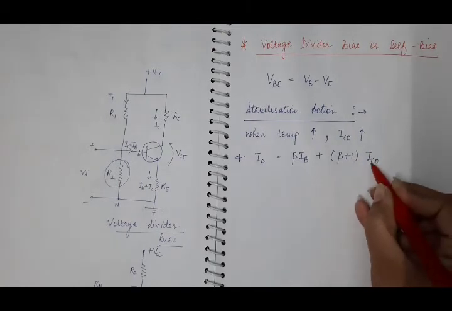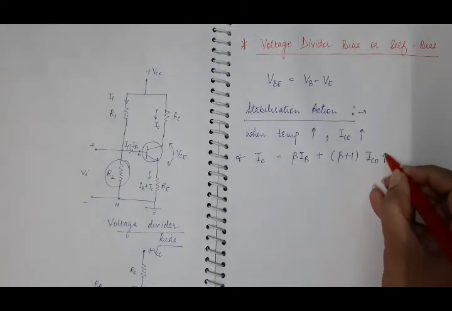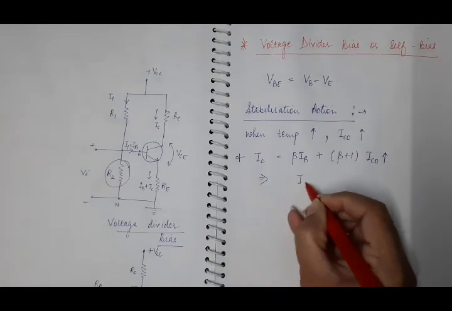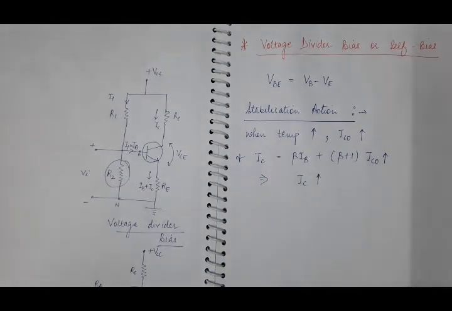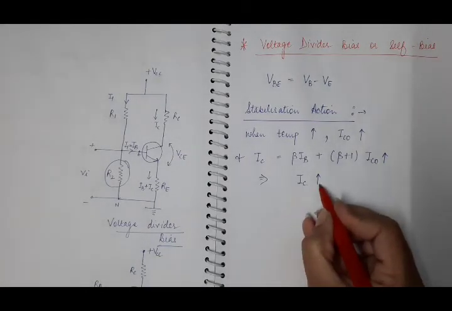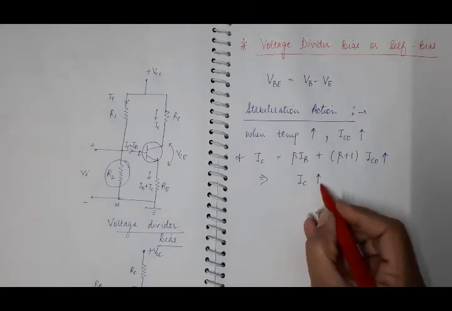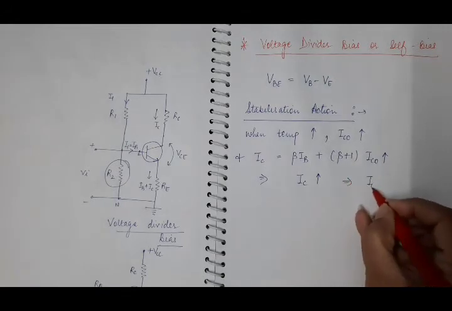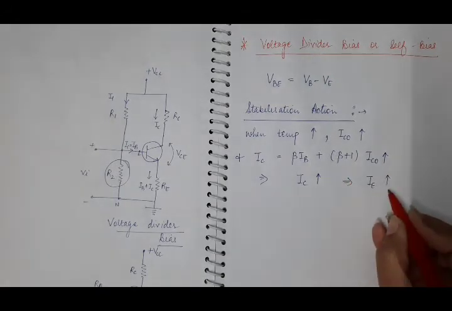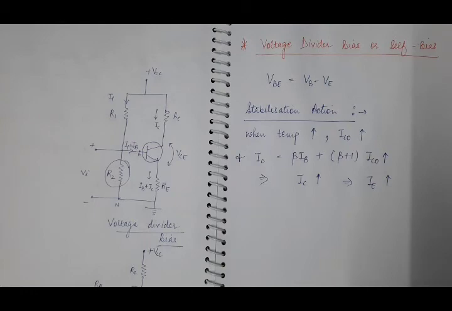So with the increase in temperature, if this leakage current increases, this implies that collector current will increase. And what will happen if collector current is increasing? Then IE will increase.